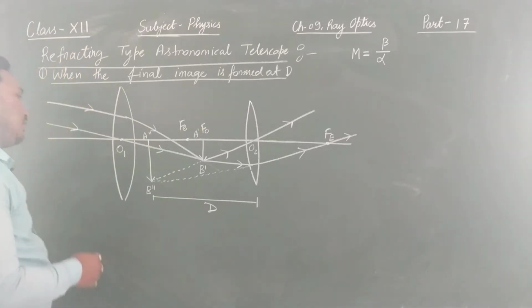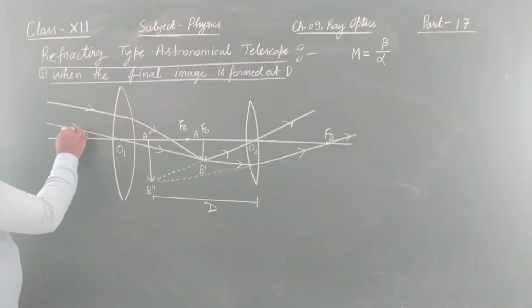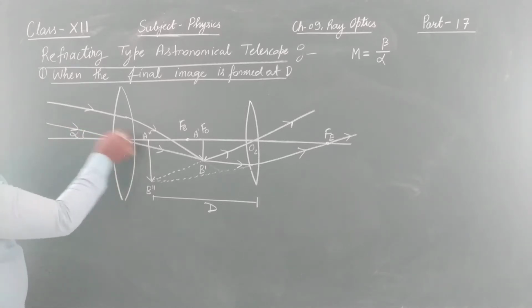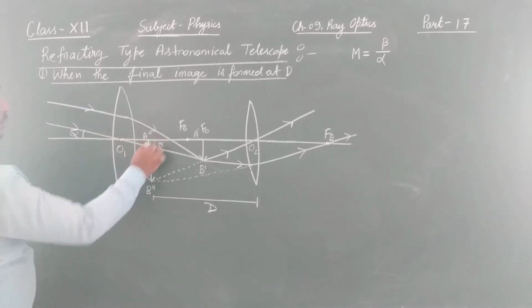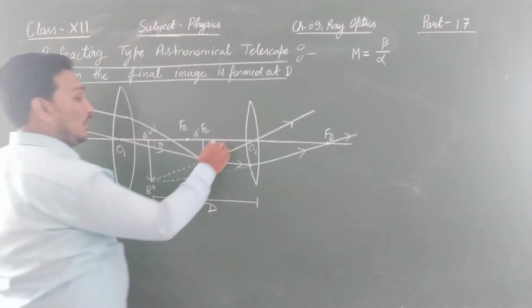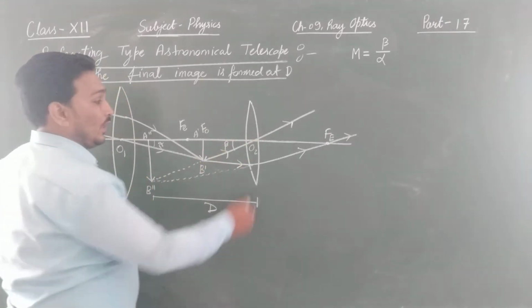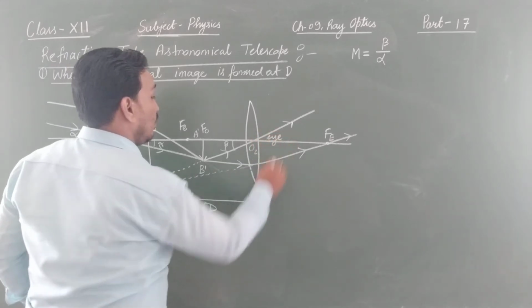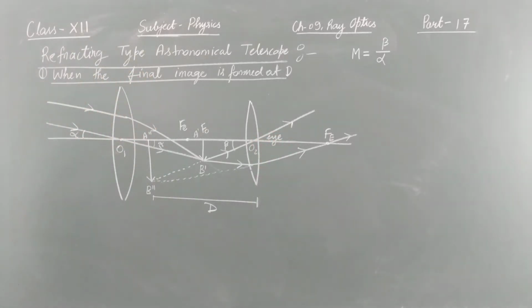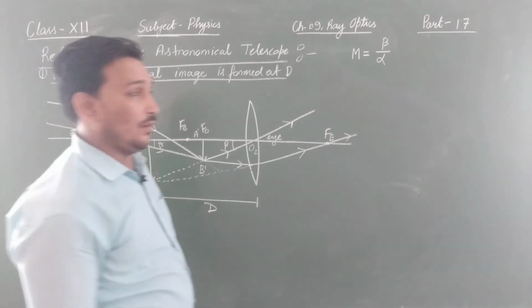Since the object is at infinity, this is going to be alpha, and vertically opposite, this is also going to be alpha. For beta we'll have this one, because the final image is formed here, and we'll keep our eye here only. Beta and alpha are very small.